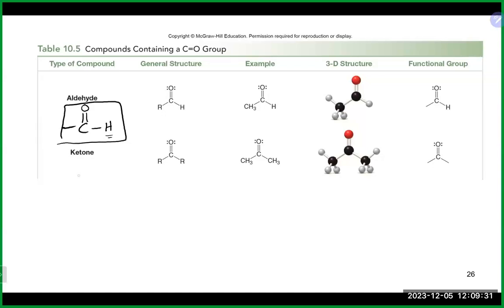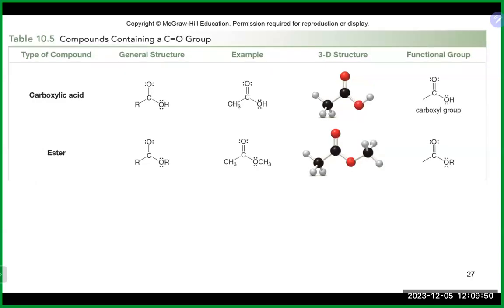And that's different than a ketone, which always has sort of a 3-carbon run with a double bonded oxygen in the middle, which means you'll never find that carbonyl group at the end, because you need the 3 carbons with it being in the middle for it to be there. So ketones and aldehydes.